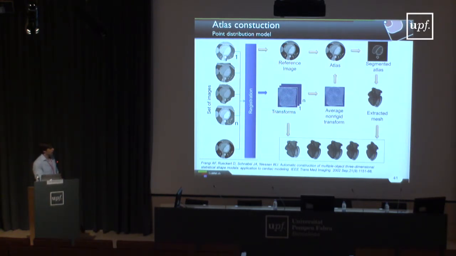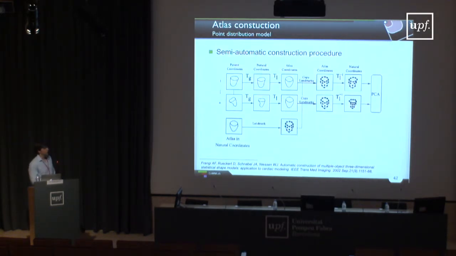So we have, again, all these original models, but segmented. First we do the transformations, we do the segmentation, and then, inverting each of the individual transformations from the atlas, we obtain every particular mesh segmented. With every particular mesh segmented, we are going to train our model by doing the principal component analysis.